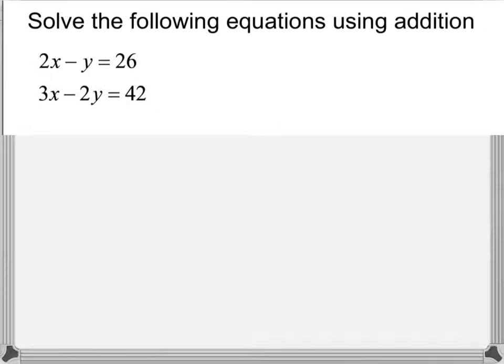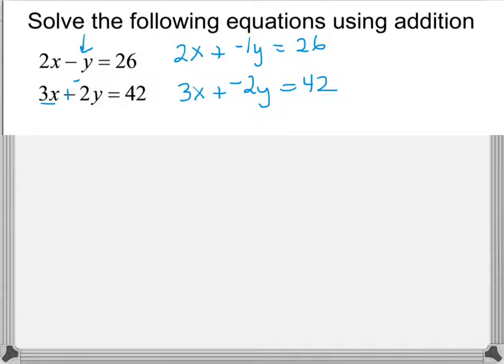What I can notice is that if I use keep, change, change, this would end up being 3x plus -2y is equal to 42. Now if I can just get this y coefficient to be +2, the top one would be 2x plus -1y is equal to 26. All I did was keep, change here, and then put the -1 as a coefficient.